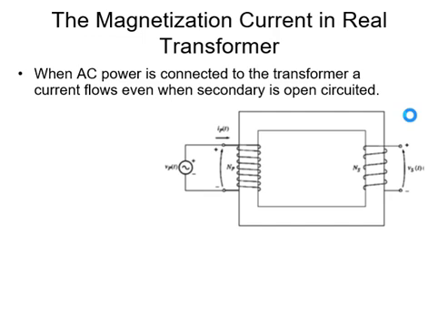This is the same diagram which shows that the AC power is connected to the transformer, and by connecting this AC power we can see that the current flows in the coil, even though we know that the secondary coil is open circuit.